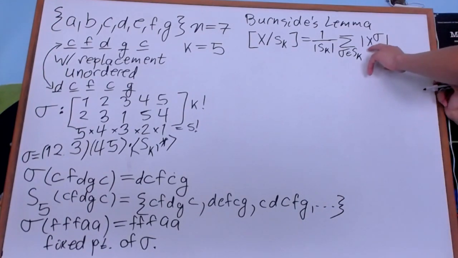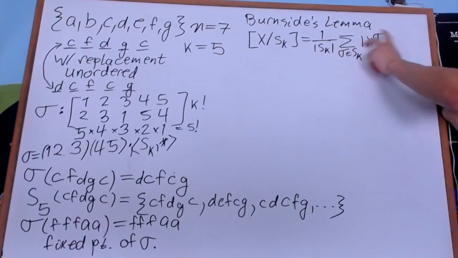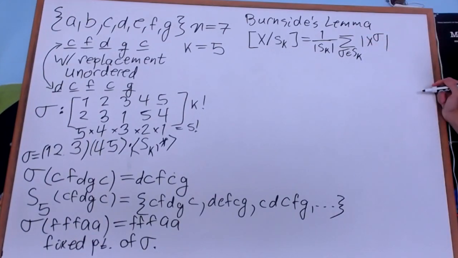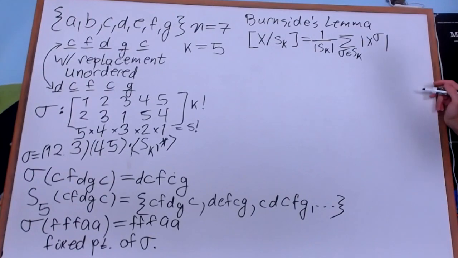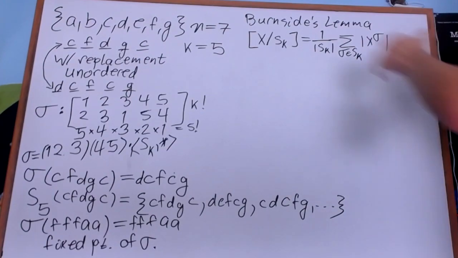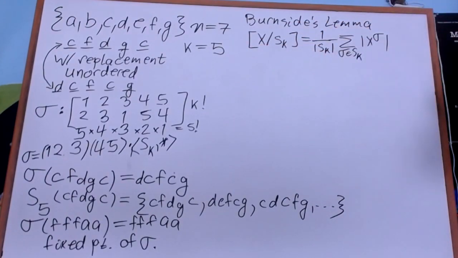So this represents the set of fixed points, and this absolute value sign means the number of. So the number of fixed points, add them all up for all permutations, divide by the order of the group, or the number of permutations. Another way to think of this is the number of orbits is the average number of fixed points for a permutation.